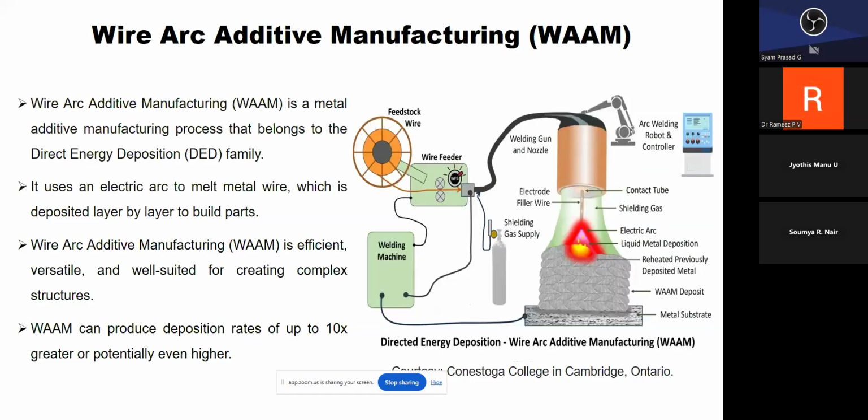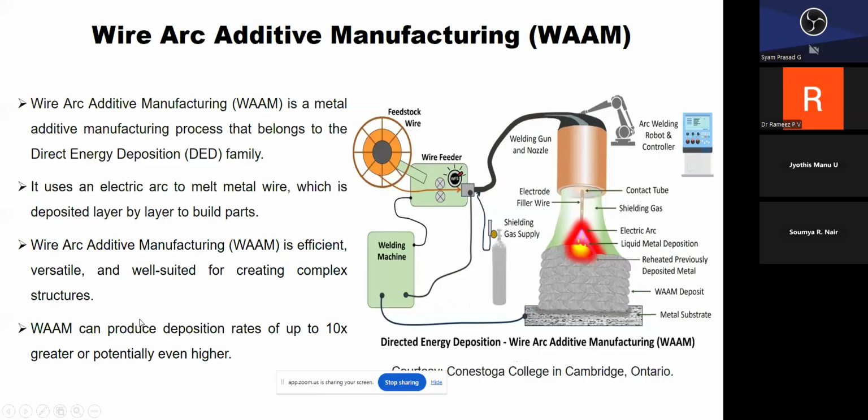It uses an electric arc, so the thermal energy is obtained from the electric arc. It uses an electric arc to melt metal wire, which is deposited layer by layer to build parts. Wire arc additive manufacturing is efficient, versatile, and well suited for creating complex structures.